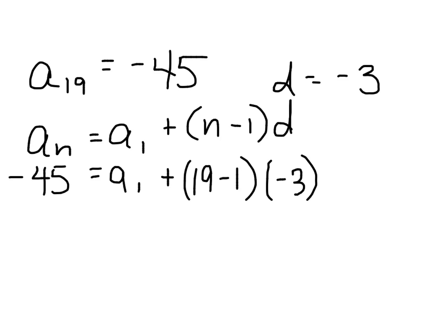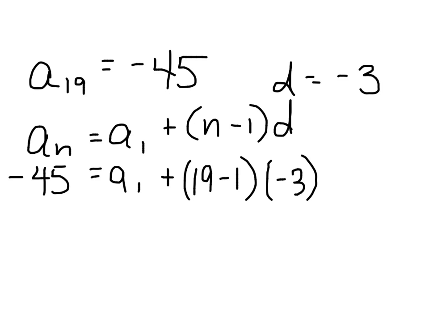So what are you trying to find with this, you guys? Yeah, you don't know the a1. So when you're trying to find it, plug in what you know, work backwards. Here's the common mistake that some of you will make. You'll do something with the negative 3 that's not right. So first thing I would do is, what's 19 minus 1? 18. What's 18 times negative 3?